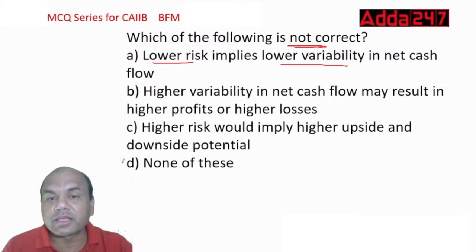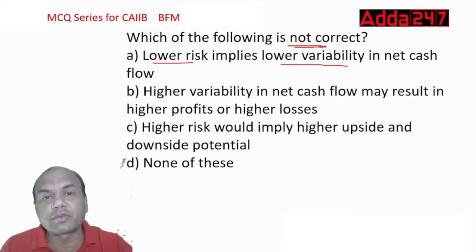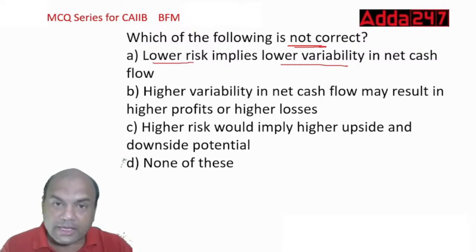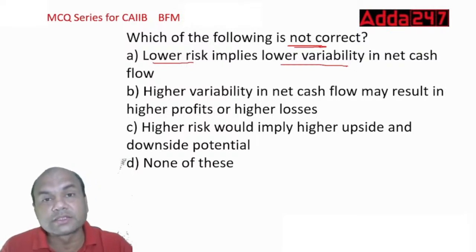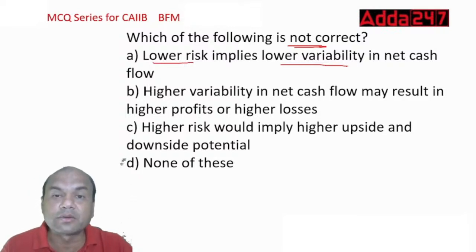Because if my cash flow is stable, the variability is less. One month I get 1 lakh, next month I again get 1 lakh 1,000 or 99,000. So that variability is less. Suppose one month I am getting 1 lakh, next month 2 lakhs, after that month I am getting 0. So that is higher variability. So that will be a higher risk. So this is true. We want false, isn't it?